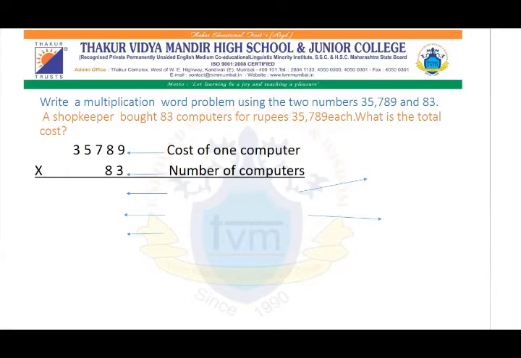As this is a word problem, we have to write the statement for it. 35,789 is the cost of one computer, and 83 is the number of computers. Correct? So I will start multiplying 35,789 by 83. What is the first step? I will multiply first with the unit place number, that is 3.